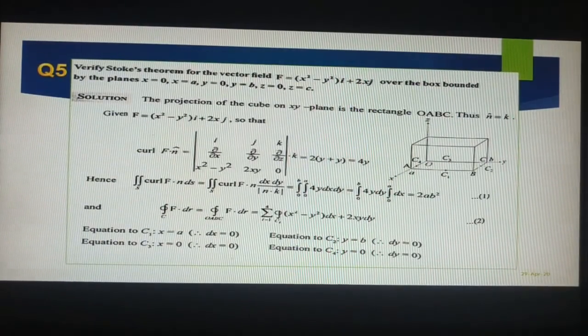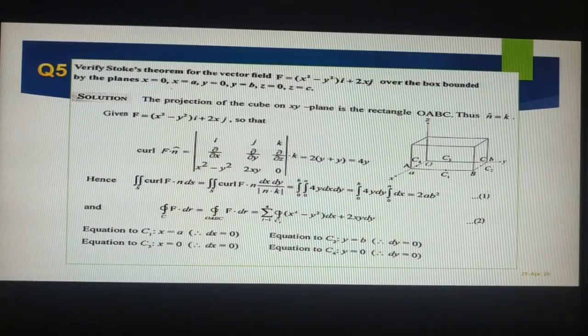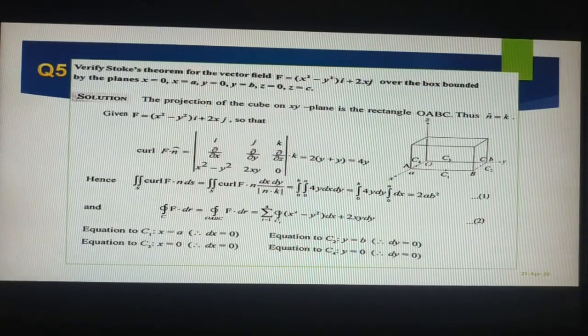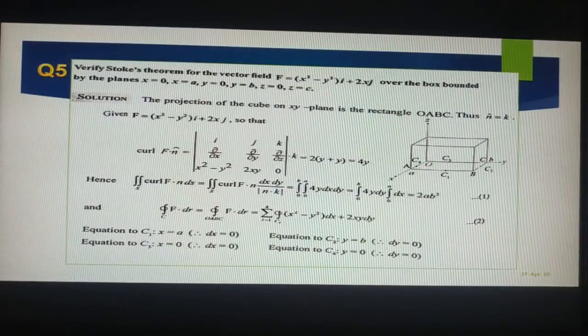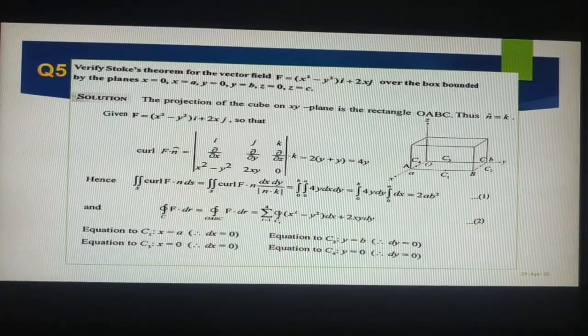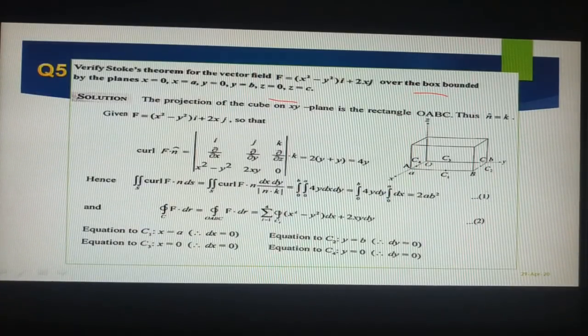Right, so as usual now we have to verify. Actually this Stokes theorem is for 3D objects. Till then we, directly or indirectly, took only 2D objects. Here, if you see, it is forming some box. Of course we already considered half of the sphere. Here is a box prepared with these lines, x equal to 0, x equal to a.